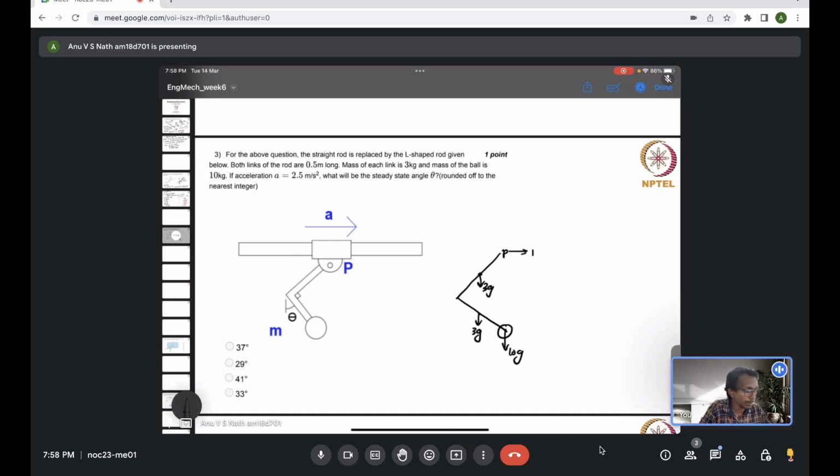So at point P you will have a horizontal reaction Rx and vertical reaction Ry. Now this is making an angle theta which we need to evaluate, and you can see this angle will be 90 minus theta, because this angle needs to be 90 minus theta for this to be 90 degree.